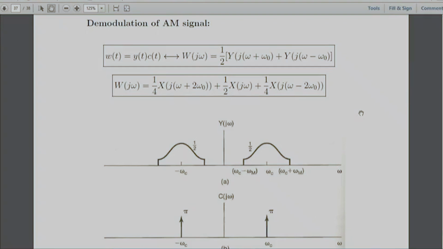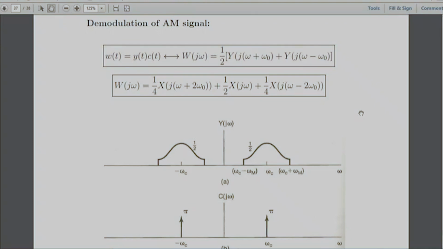What does that tell you? Well, the new signal that you created by this demodulation step is going to have a transform which looks like this, shifted to the left by omega naught, and shifted to the right by omega naught, and then added up and scaled by a half.